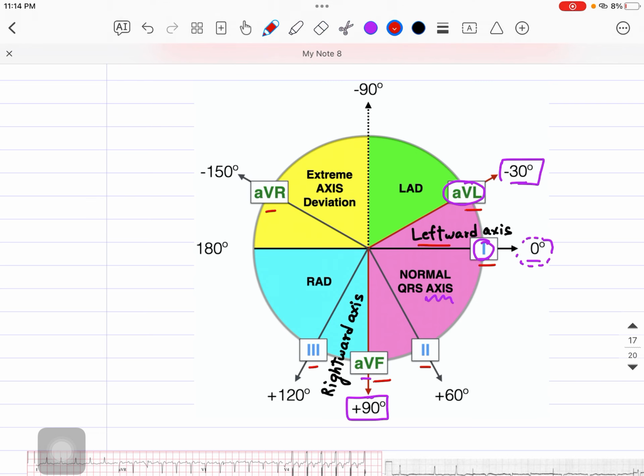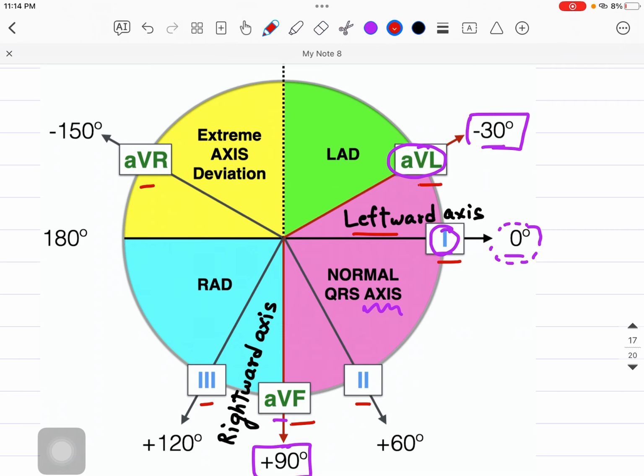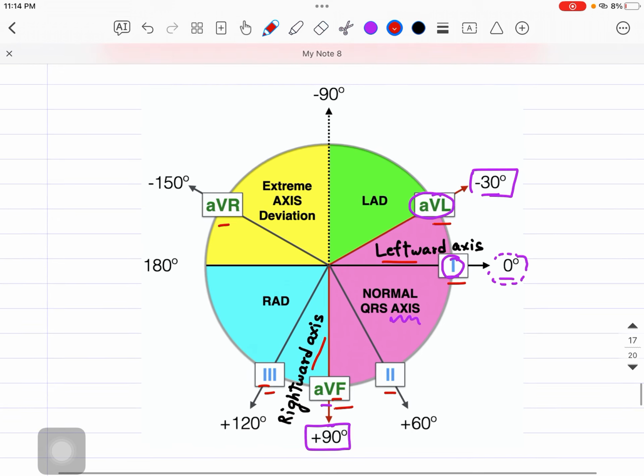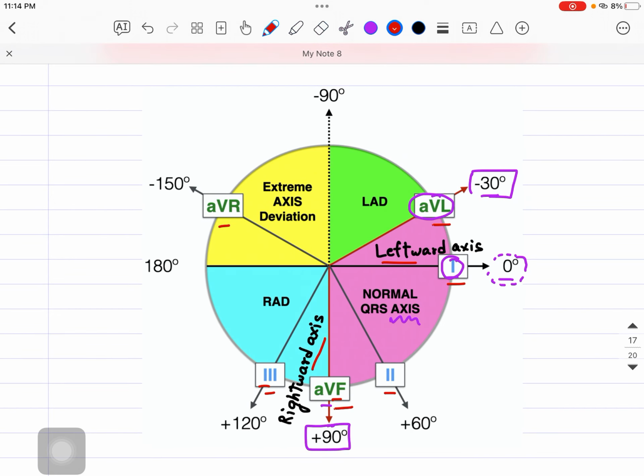If somebody's axis is falling between lead number 3 and the AVF, then we will call that rightward axis, right? Likewise, if somebody's axis is falling between lead number 3 and lead number 1, we'll say it is going towards the rightward axis, right?